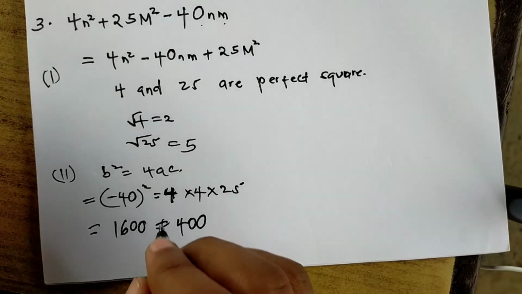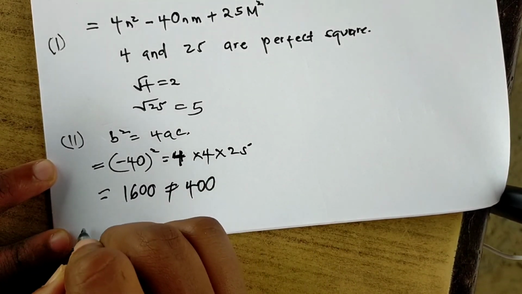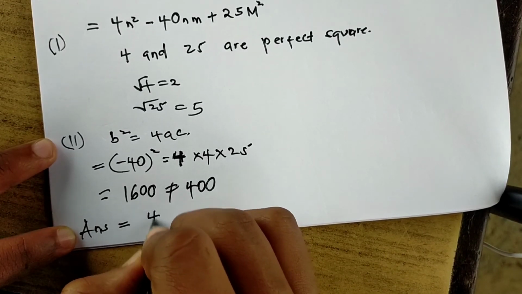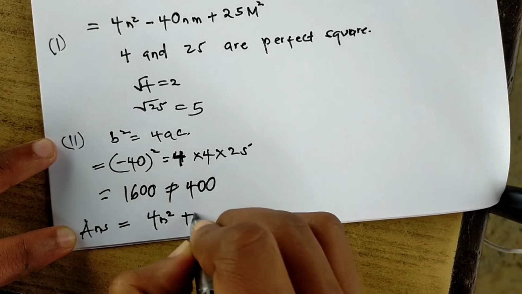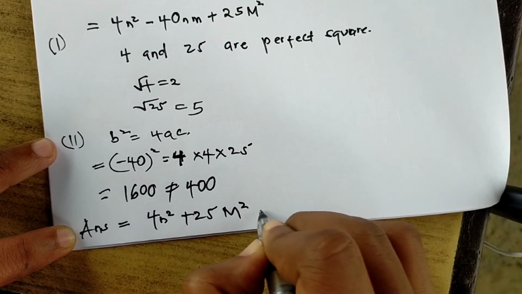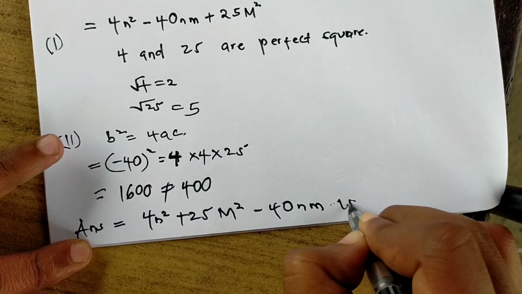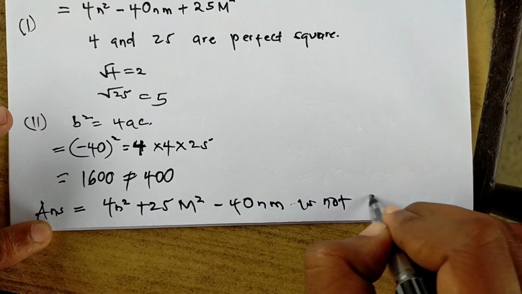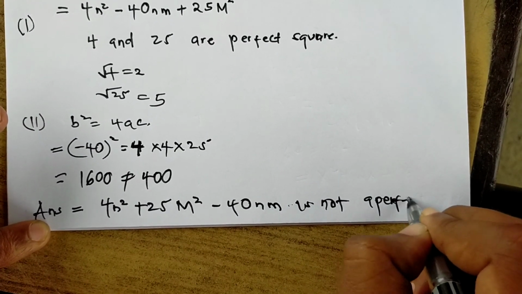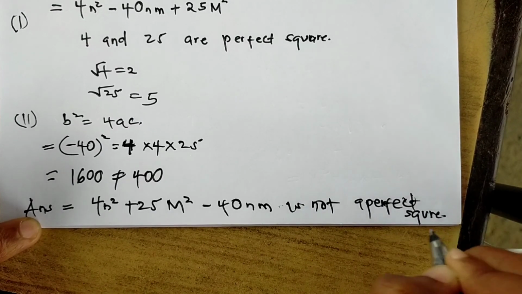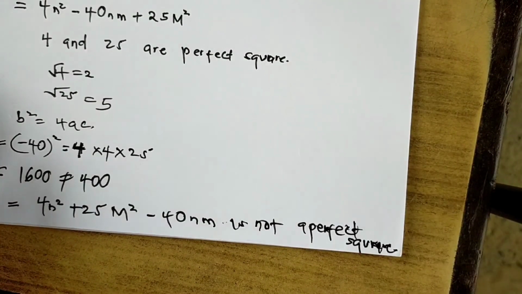So our answer to the question is that 4n square plus 25m square minus 40nm is not a perfect square.